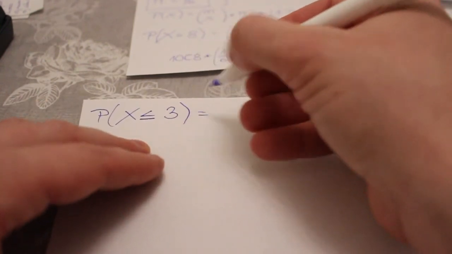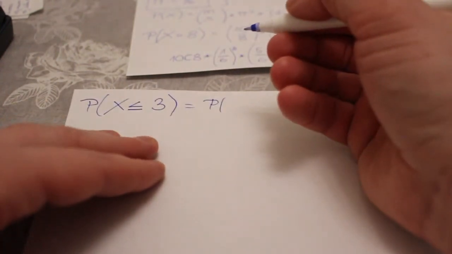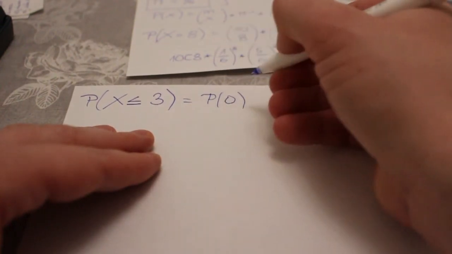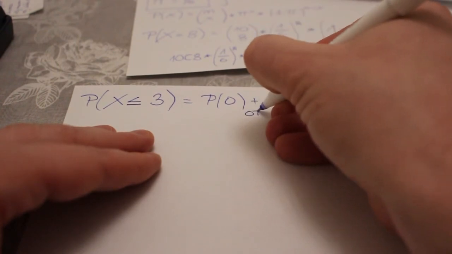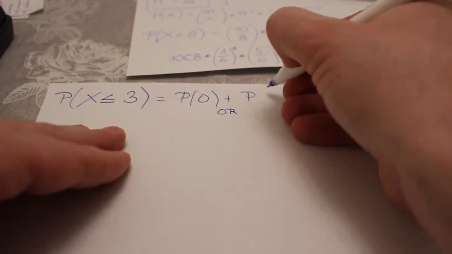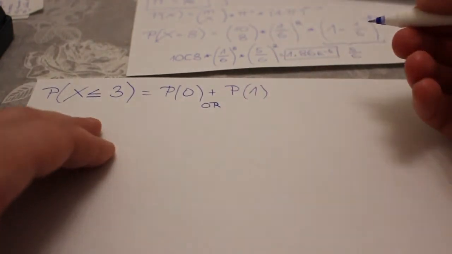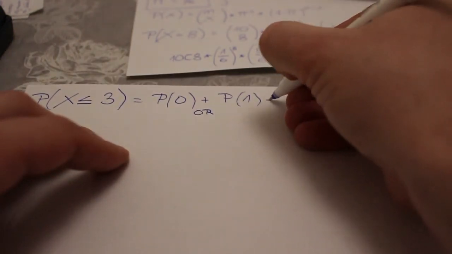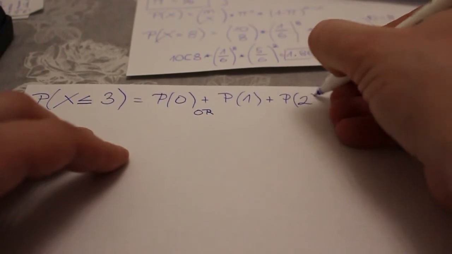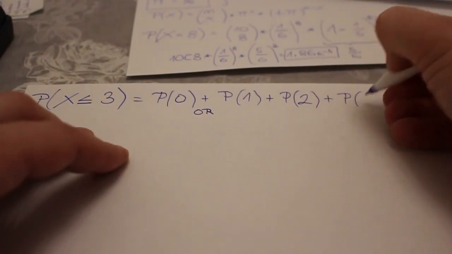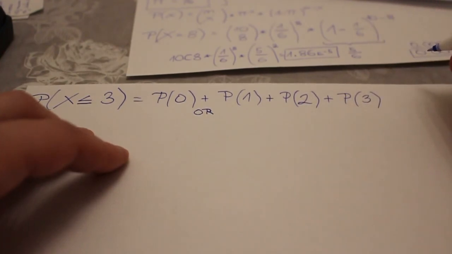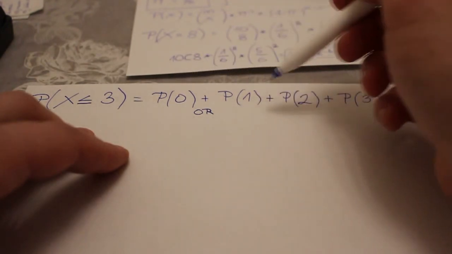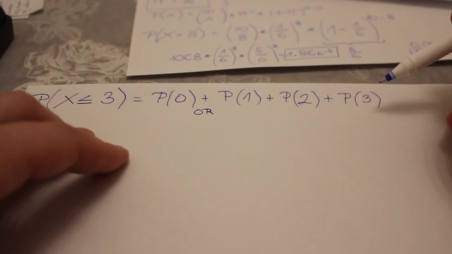What it means is the probability that you will see 0 dice with value 6, or, this is the classical OR function, the probability that you will see 1 die with value 6, or the probability that you will see 2 dice, or the probability that you will see 3 dice. Either 0 or 1 or 2 or 3, but no more, yes?